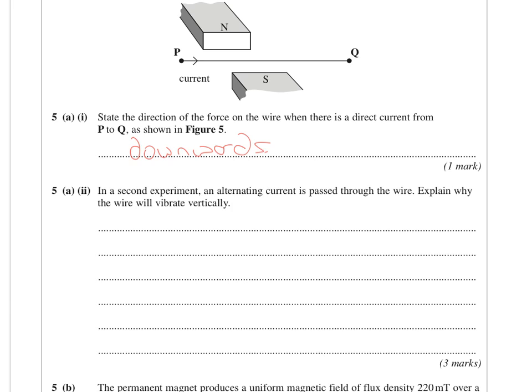In a second experiment, an alternating current is passed through the wire. Explain why the wire will vibrate vertically. So the current's either going from P to Q or Q to P. So the field is always from north to south.